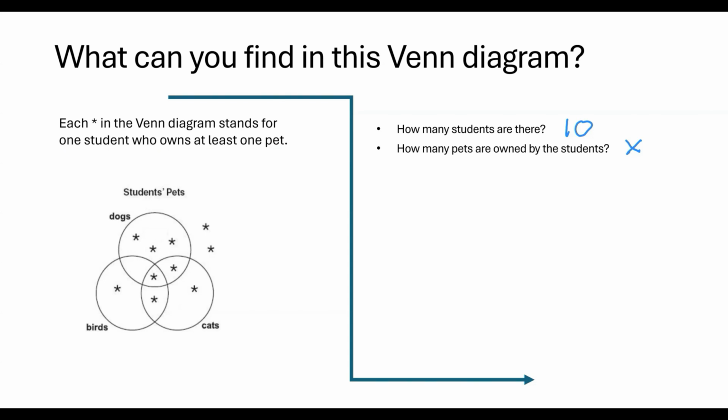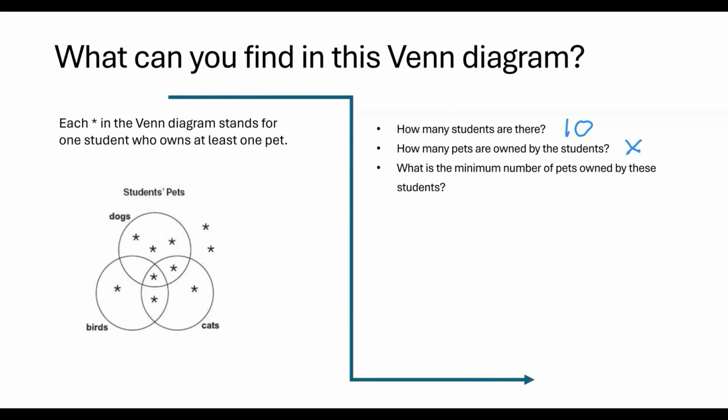All right, let's have a look at the next question. What is the minimum number of pets owned by the students? Is it possible to answer this question? I think it is, because we're talking about the minimum number. Obviously, the smallest number of pets a student can own is just one pet, right?